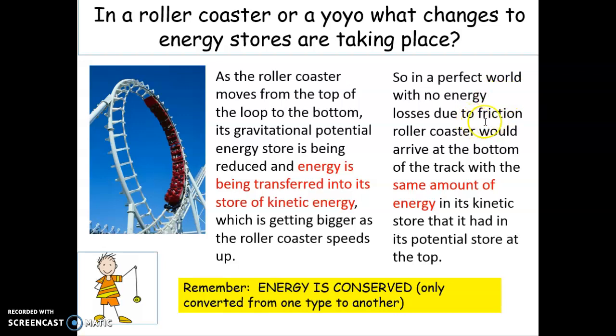However, in the real world we will have frictional losses. So the roller coaster would arrive at the bottom of the track having lost some of its energy. But in the perfect world, where we didn't lose any energy, it would arrive at the bottom of the track with the same amount of energy in its kinetic energy store that it had in its gravitational potential energy store at the top here.